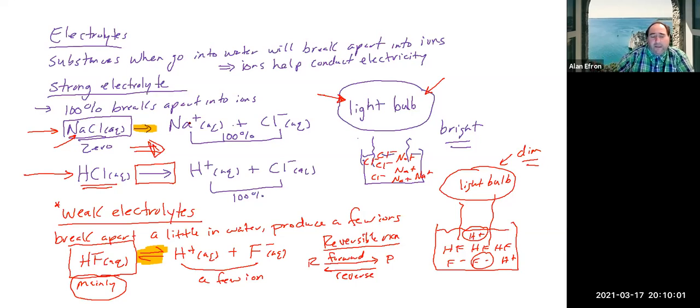And with a weak electrolyte, it's pretty much almost 95, 98% staying together, and just a little bit of it will ionize or break apart, basically. So it's similar to solubility in a sense, but not exactly the same thing. Because usually when we think about solubility, we think about mixing two things together.